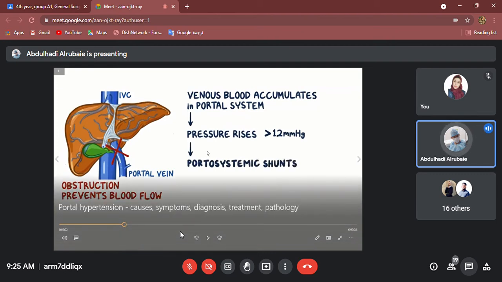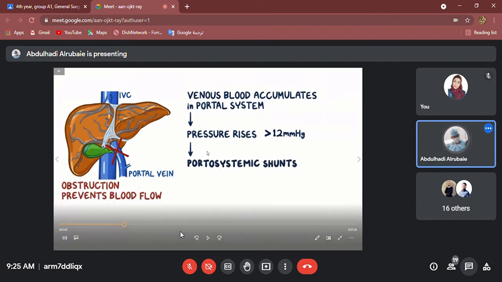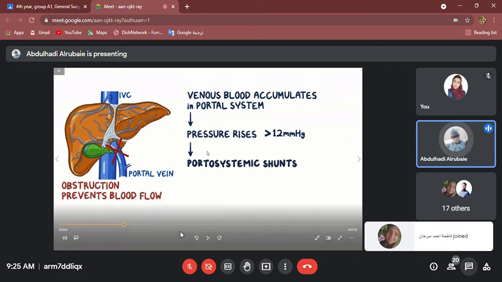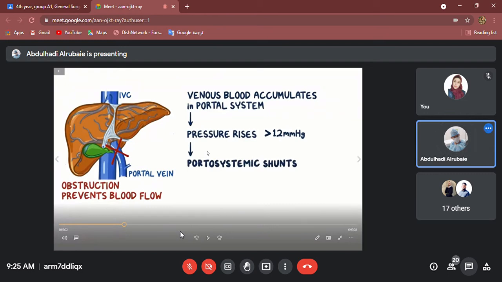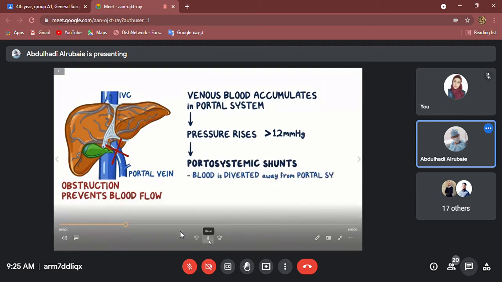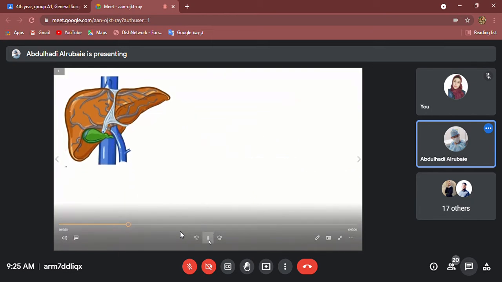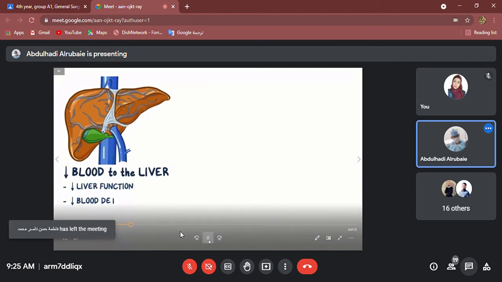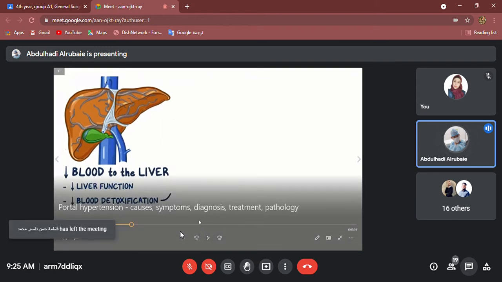When the pressure of the portal system rises above 12 millimeters mercury, the portosystemic shunts form. Okay, so when there is portal hypertension, the amount of blood delivered to the liver will be less.